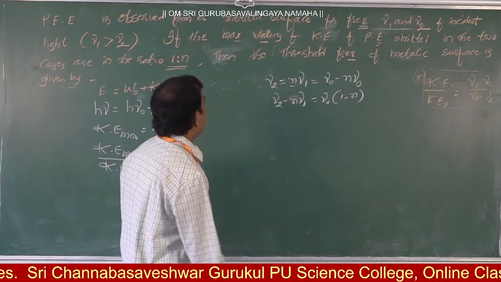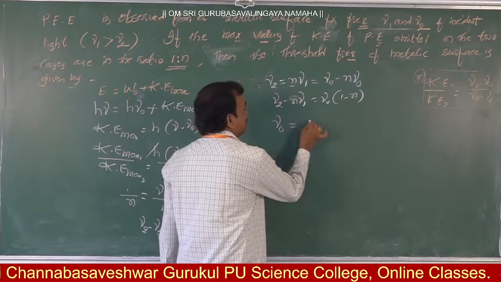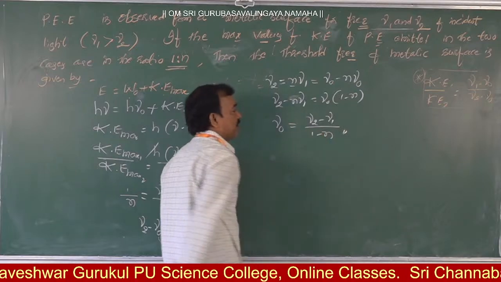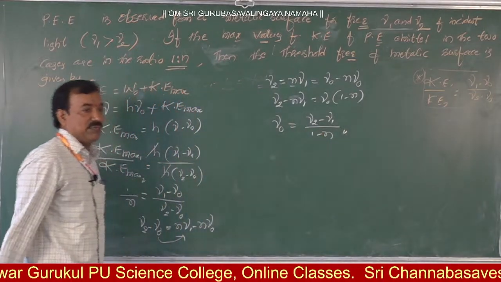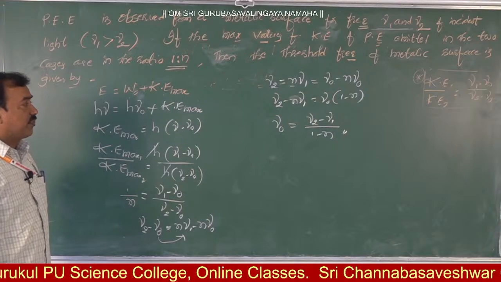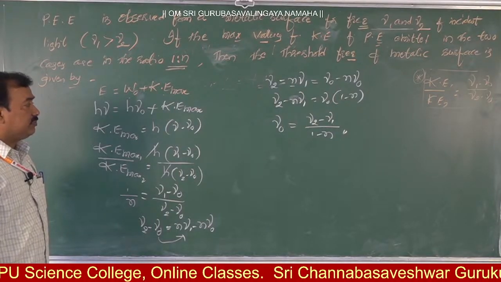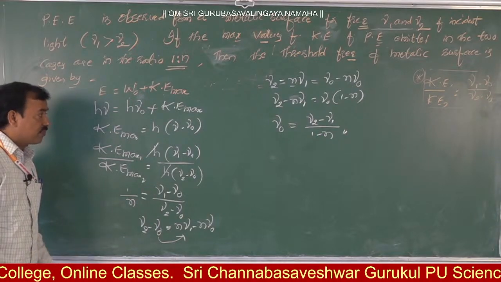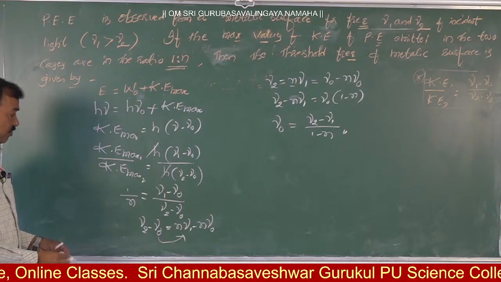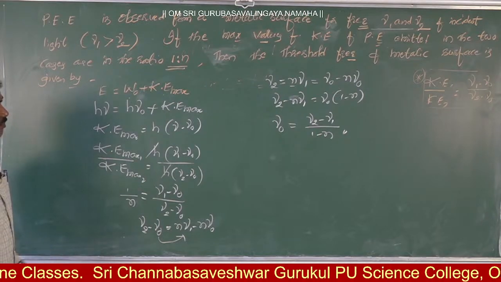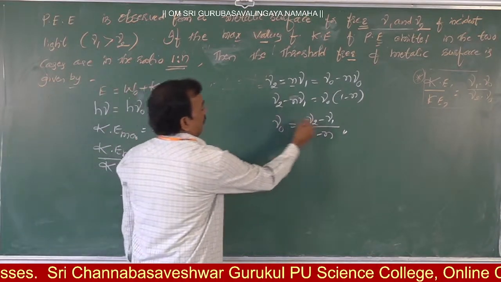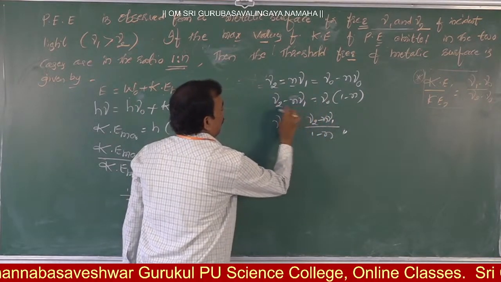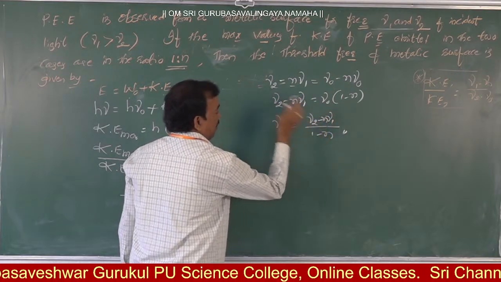So what is the threshold frequency? ν0 is equal to (ν2 − n ν1) by (1 − n). Yes, please note down.